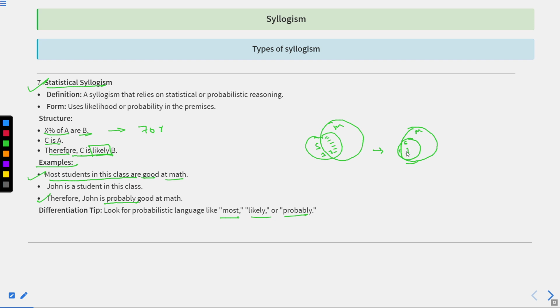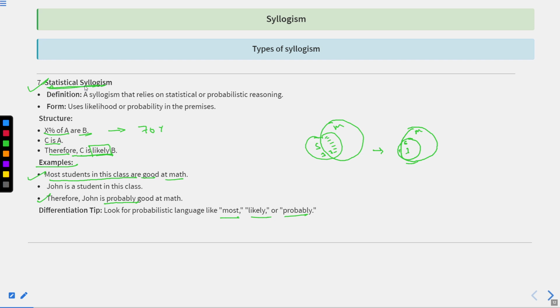Therefore, John being one of the students, there is a possibility that John will be good in maths. It is not 100% sure, my dear students. Again, I am telling you, it is not 100% sure, but we are taking this as a possibility, as a probability that can be possible. So whenever there is any question related to percentage, it will automatically mean that it is talking about statistical syllogism.